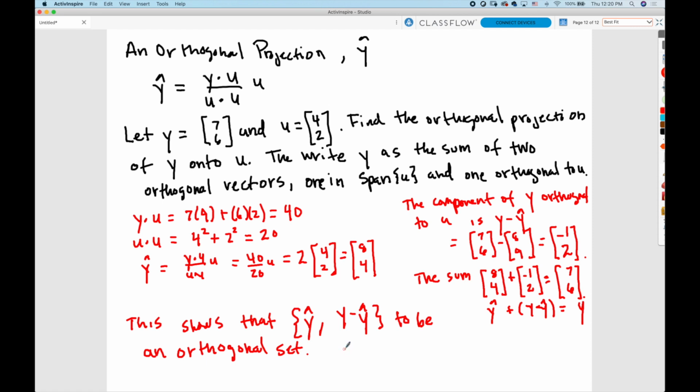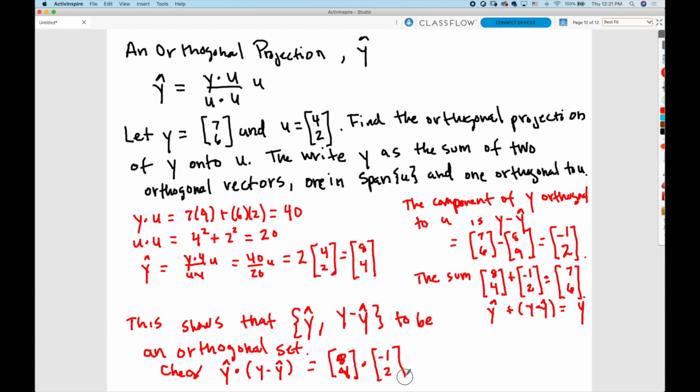I can check by saying y tilde dot y minus y tilde. That's 8, 4 dot negative 1, 2.